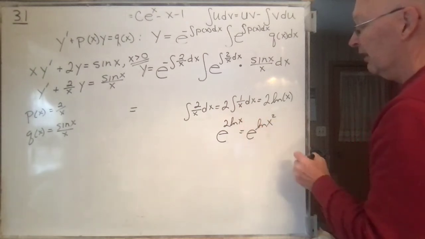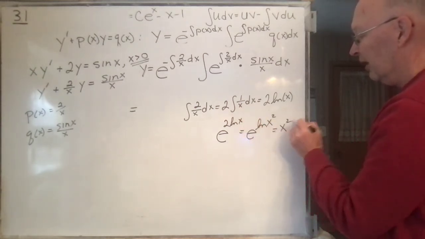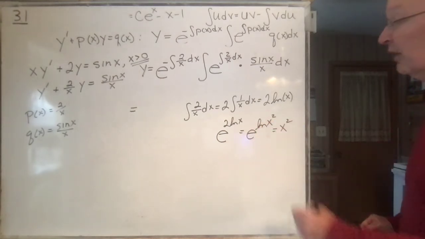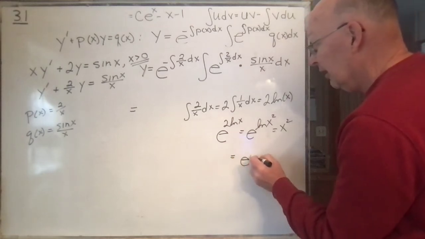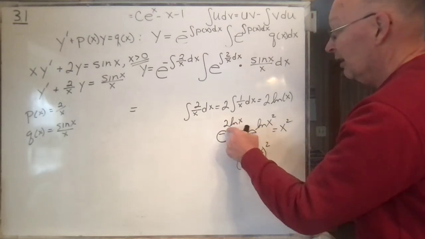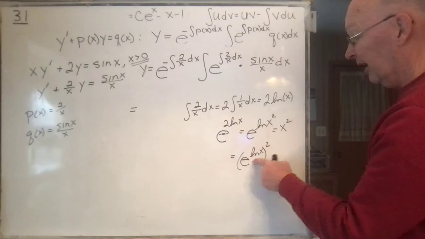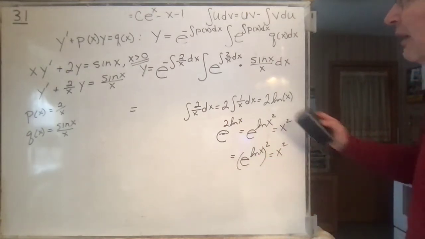That's a property of the ln, and now these two things undo each other, and you just end up with x squared there. E to the ln of anything is just itself. Another way of doing it is to say that's equal to e to the ln of x quantity squared, and then again, this is going to be x squared. So either way, this becomes an x squared right there.